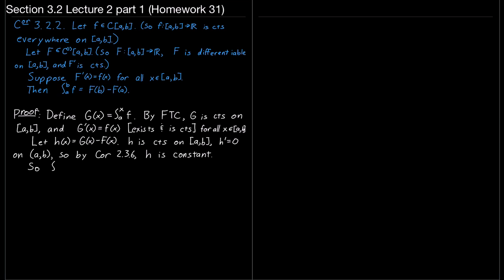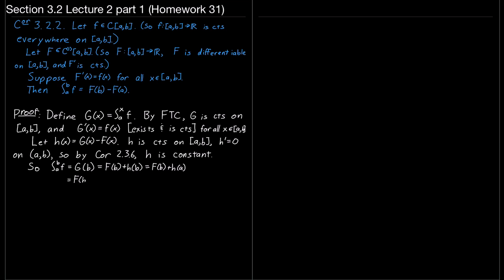So let's write this. Integral from a to b of f. That's big G of b. That is also big F of b plus H of b, just by definition, moving the F of x over in the definition of H of x. That's F of b plus H of a, because H is constant.